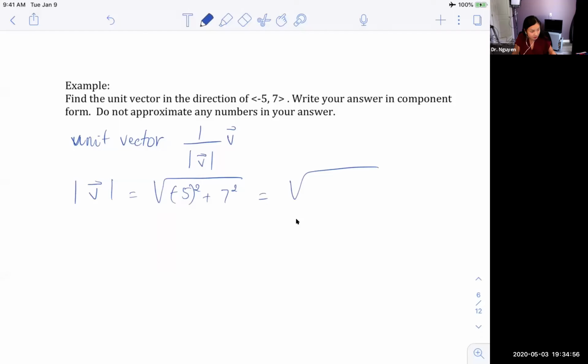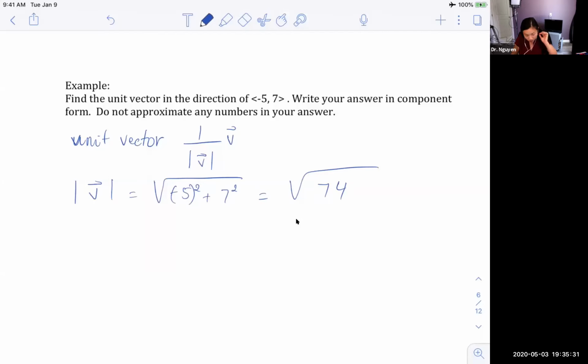I can definitely try to simplify it. Sorry, it's 74. Just let me double check. Okay, good, 74. In that case, I can't really simplify.